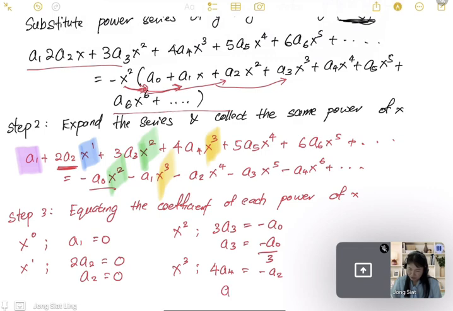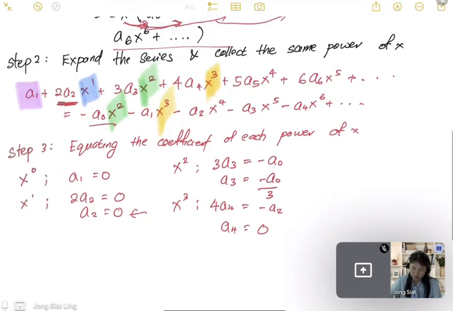So a4, what is a2? a2 is 0, right? We found it before, based on the x power of 1, that a2 equal to 0. So a4 equals 0, since a2 is also 0.